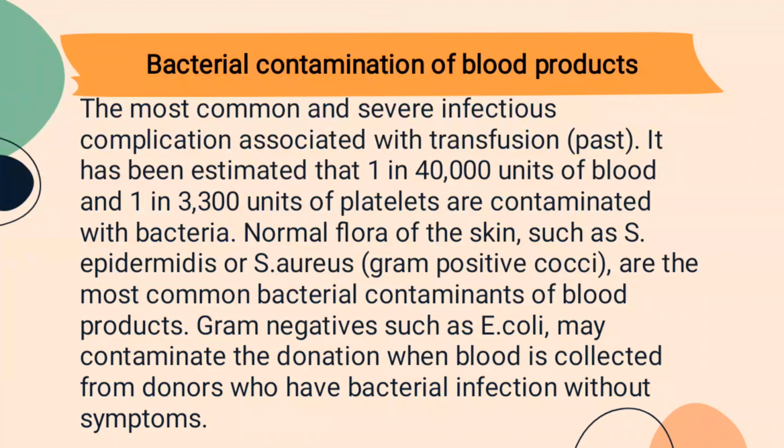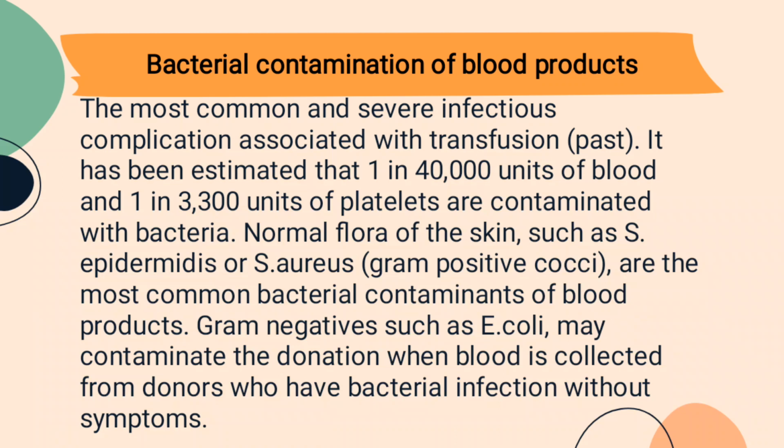Bacterial contamination of blood products is the most common and severe infectious complication associated with blood transfusion. It has been estimated that 1 in 40,000 units of blood and 1 in 3,300 units of platelets are contaminated with bacteria.